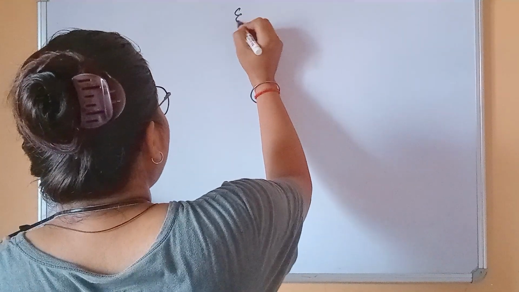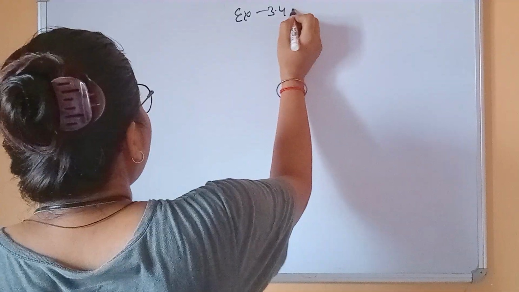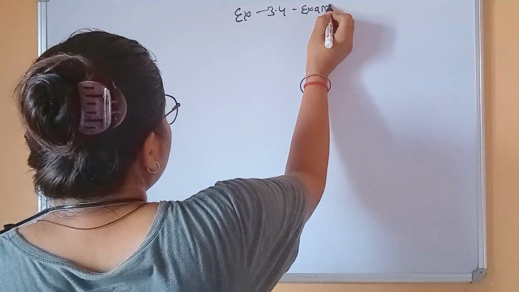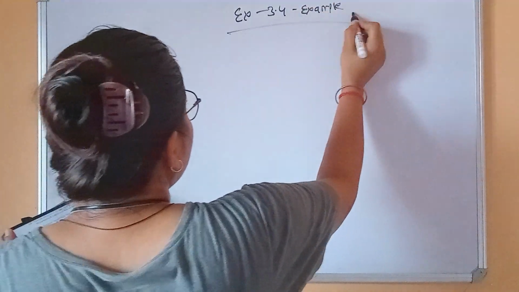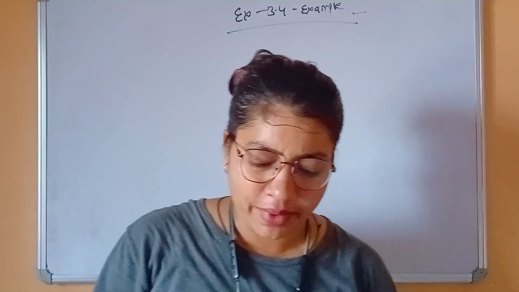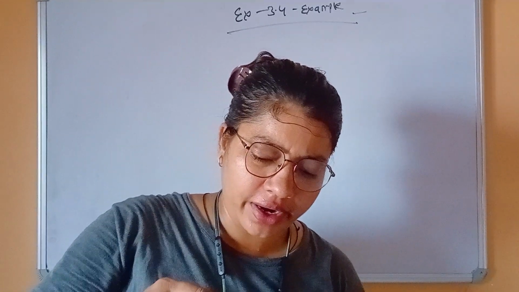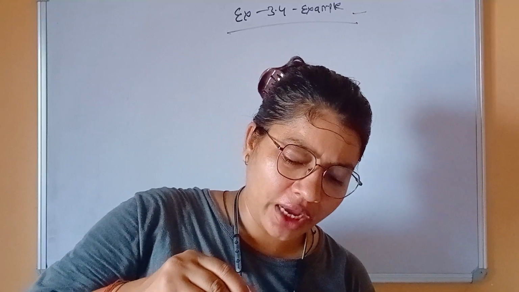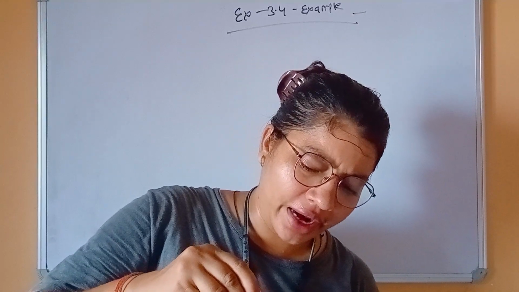So what is written here? Some properties. You can write here exercise 3.3 example. Here it is written rhombus, rectangle. We already understand parallelogram, trapezium, some types of quadrilateral. Now some types remain, like rhombus.